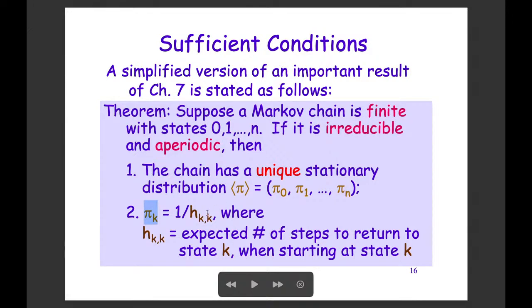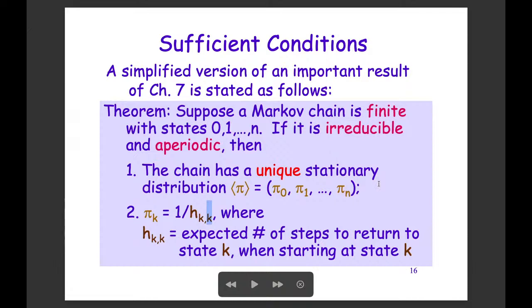Here, hkk represents the expected number of steps that we start from state k and come back to state k again. So this is starting from k, ending at k, the expected time that we need to do so. And then pi k turns out to be equal to the inverse of hkk.